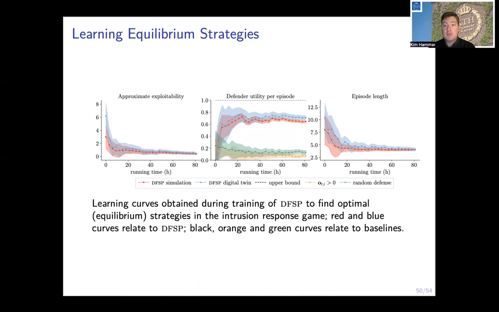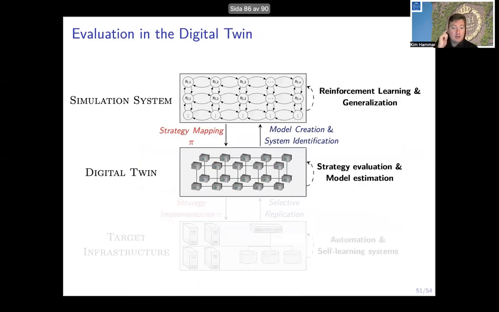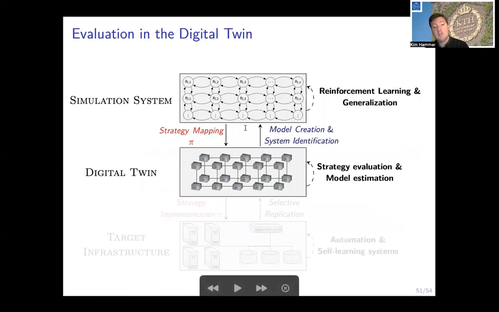In the red curve, you see the performance of our method in the simulation environment, and in the blue curve, you see the performance in the digital twin. So recall this slide here of our framework, that we actually optimize our algorithm, or run the algorithm in the simulation environment, basically a Python code. And then every 10 minutes during this optimization, we extract the current strategies and we evaluate them in the digital twin by running them there.